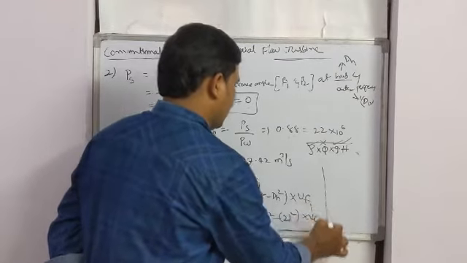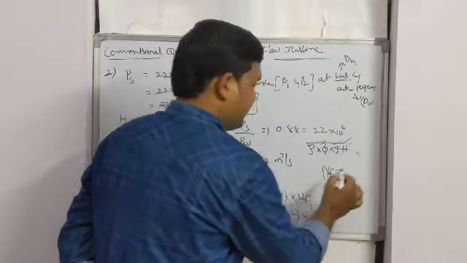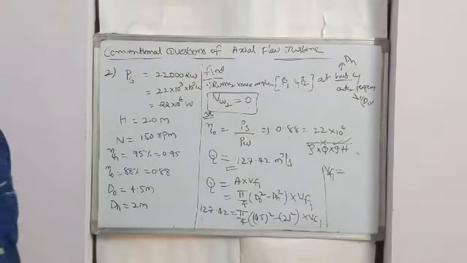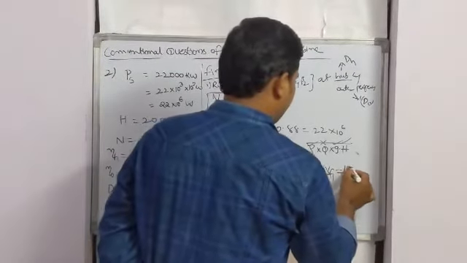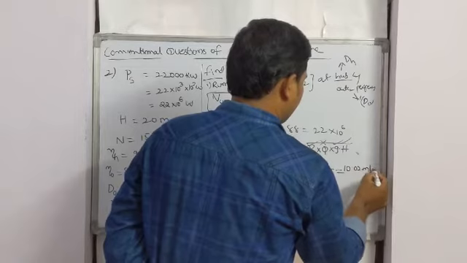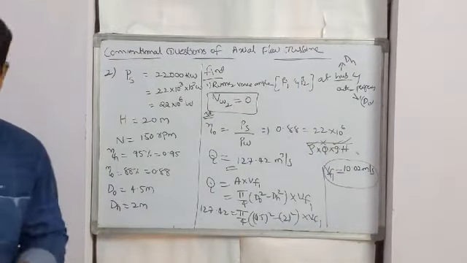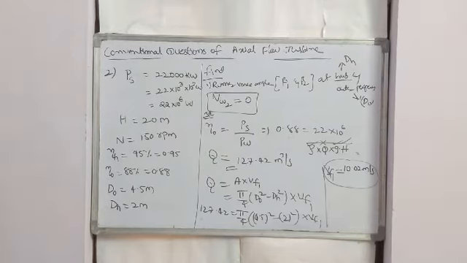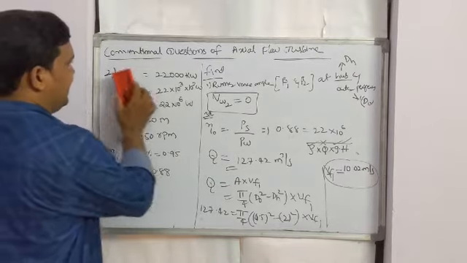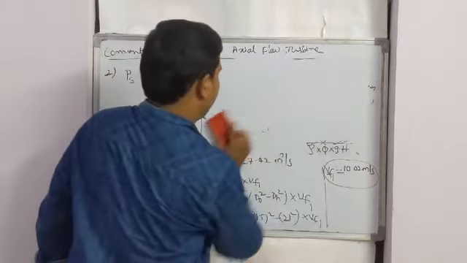By substituting all of these, we get VF1 as 10.02 meters per second. From the data, we can find out two things: discharge as well as flow velocity. So I will erase this part.